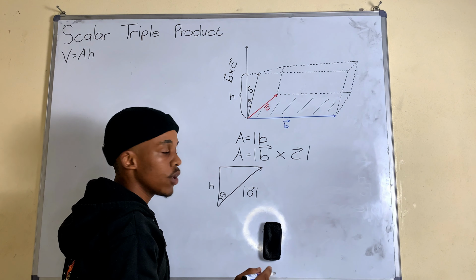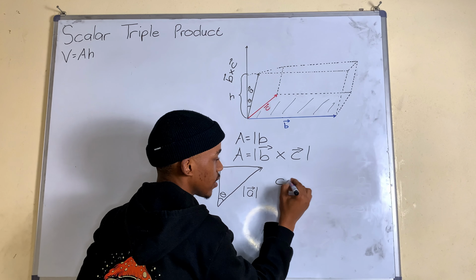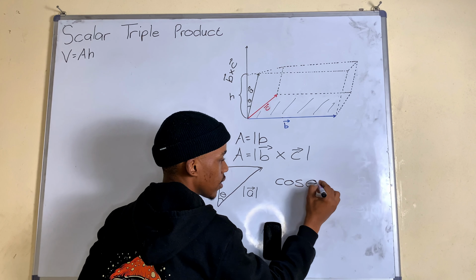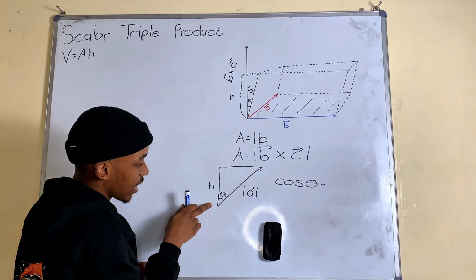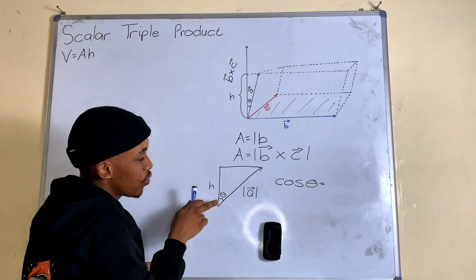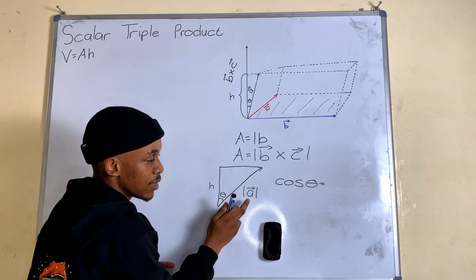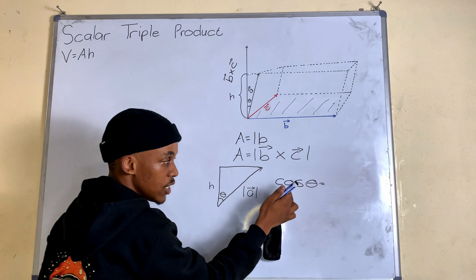Using SOHCAHTOA, or using cos theta, where the adjacent side, which is H, over the hypotenuse, which would be the magnitude of vector A, is equal to cos theta.